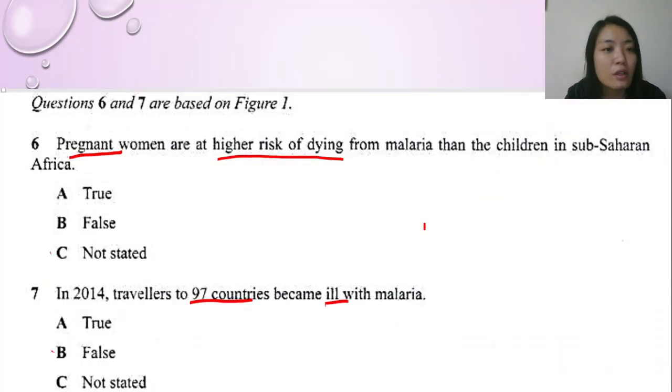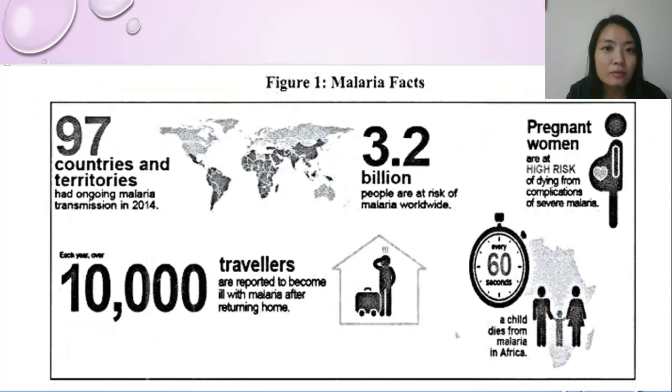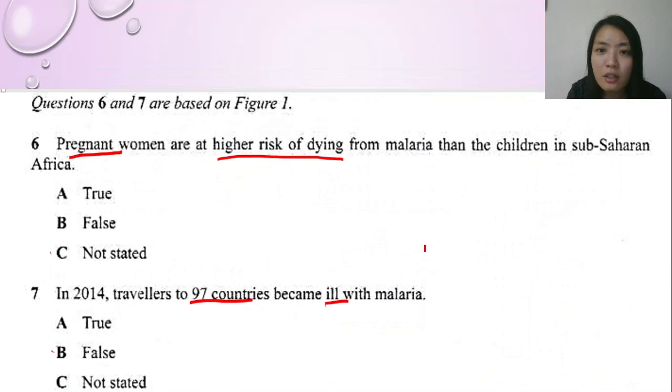Okay, next one. Pregnant women are at higher risk of dying from malaria than the children in sub-Saharan Africa. Okay, they're at higher risk of dying. Are they at higher risk or not? So here you have pregnant women, high risk. And then here the text says higher risk than the children in sub-Saharan Africa.